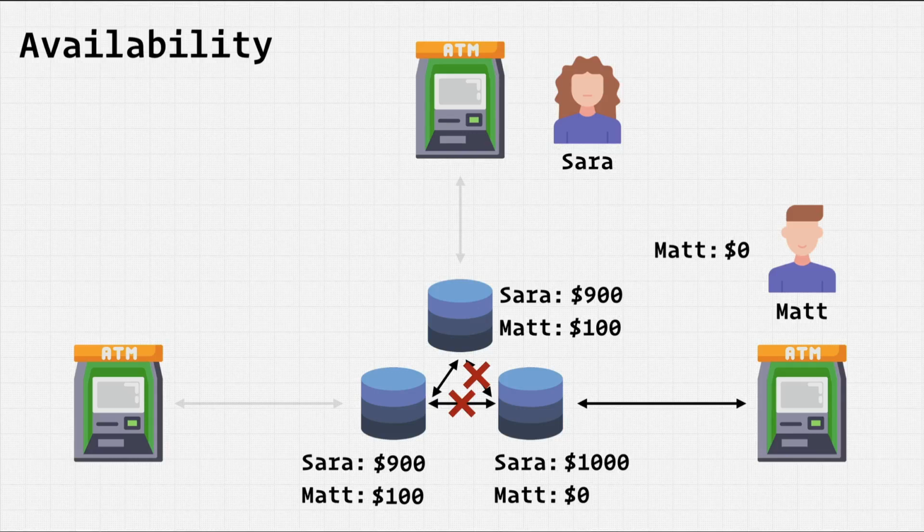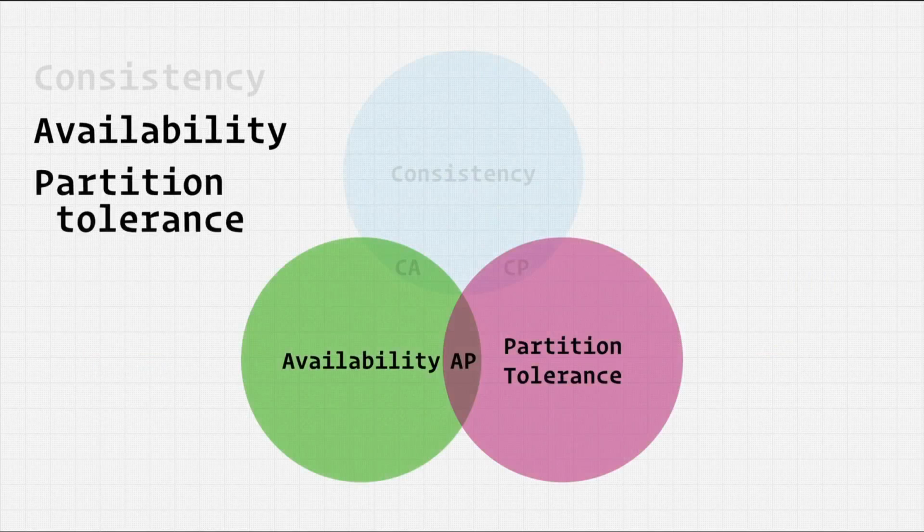You are always returning back data, even if it's stale. So if you have a system that is both available and partition tolerant, then you have an AP system. So this is the CAP theorem. Essentially, you are choosing between either consistency and partition tolerance or availability and partition tolerance.